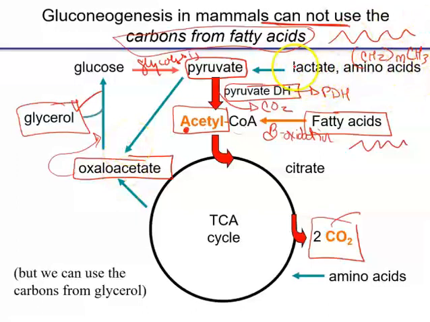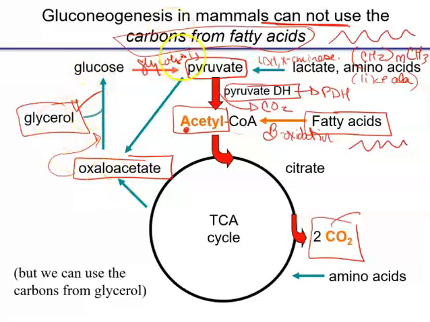Likewise, where we have lactate and other amino acids, I'll put like alanine, being converted by LDH or transaminases into pyruvate, these carbons of pyruvate are going to not make it over to oxaloacetate and then into glucose.